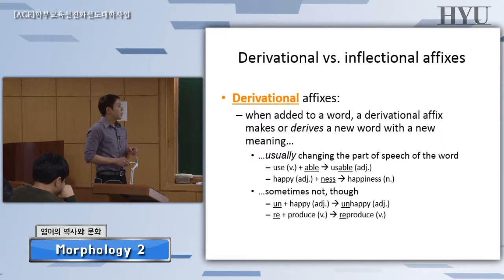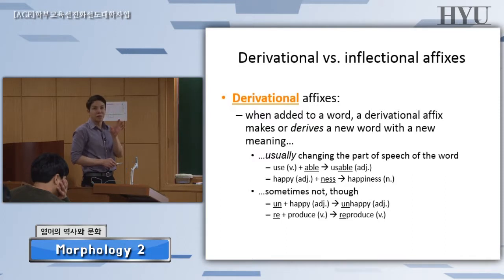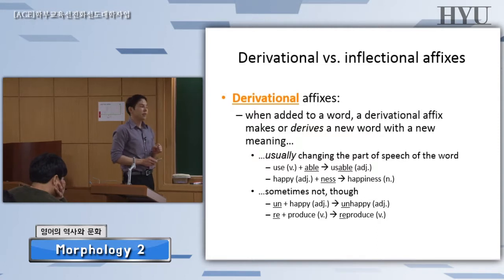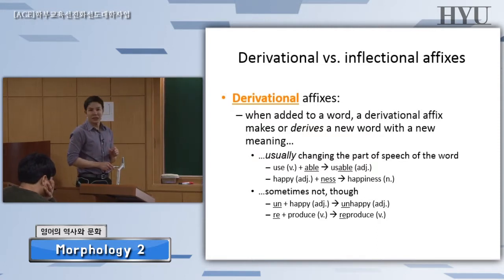So a lot of the time you change the part of speech of a word from a verb to an adjective by adding that suffix. Use plus able, usable, right? Use is a verb. Or happy, adjective. When you add ness, you get happiness, which is a noun. Okay, so usually the derivational affixes will change the part of speech of a word.